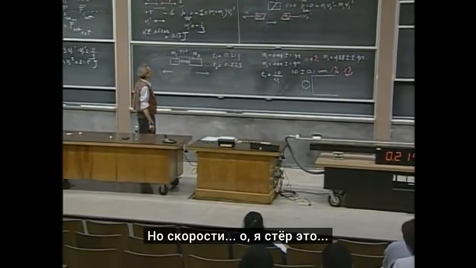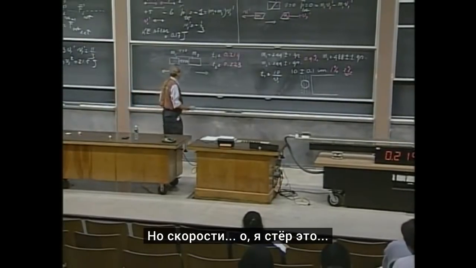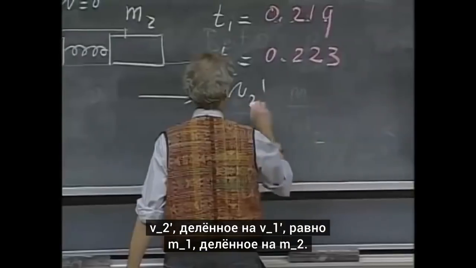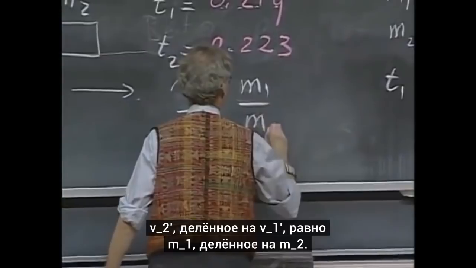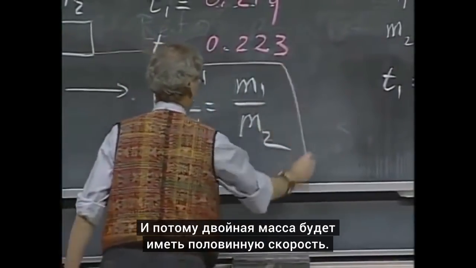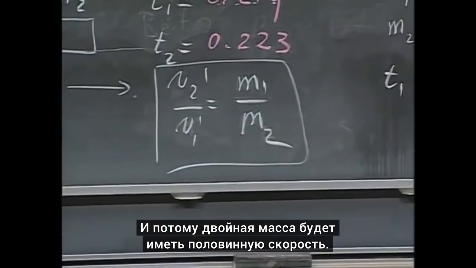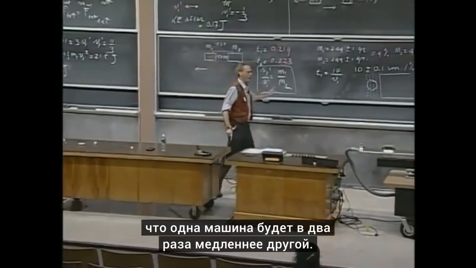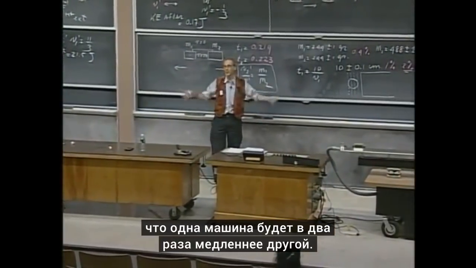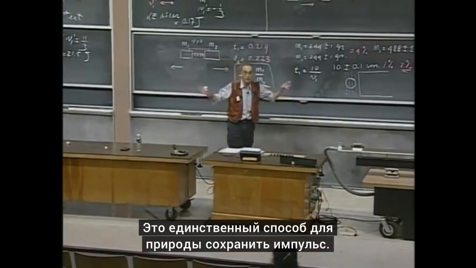But the velocities, I erased this, v2 prime divided by v1 prime equals m1 divided by m2. And so twice the mass will get half the speed. And so now you're going to see that one car will go twice as slow as the other. That's the only way that nature can conserve momentum.